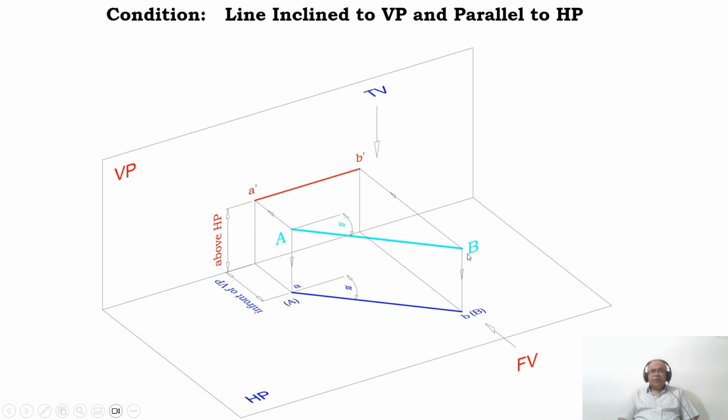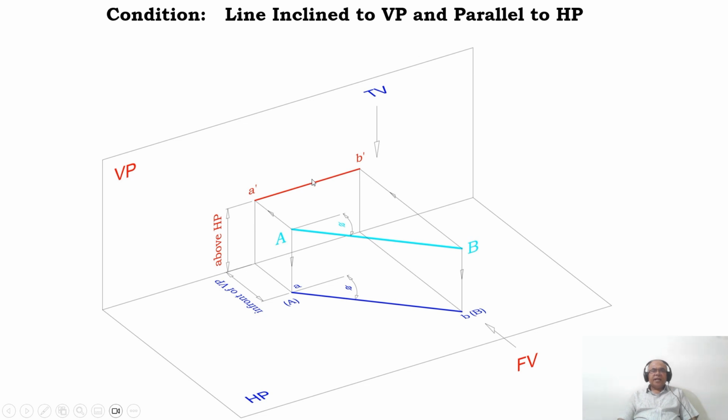So when you look from the front view, the image falls on the vertical plane. The image from A is captured onto this vertical plane, and B is also captured on the vertical plane.